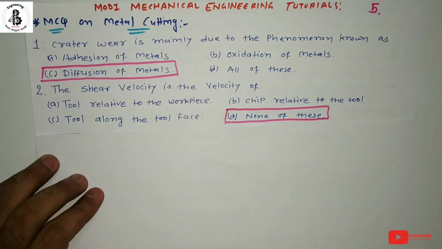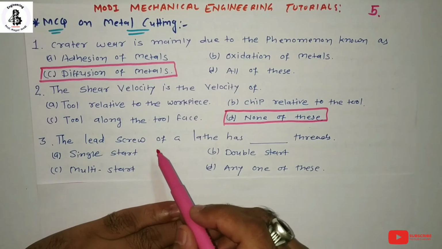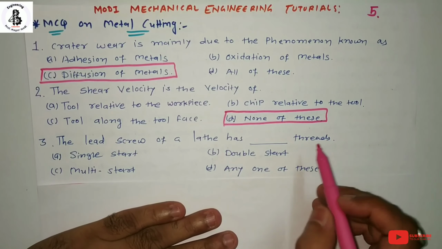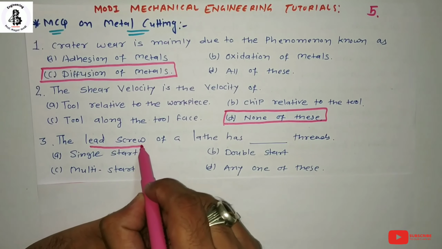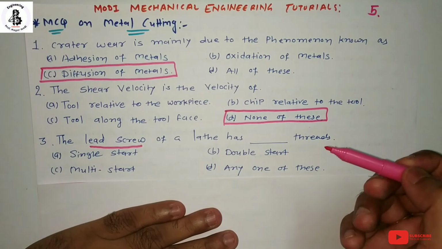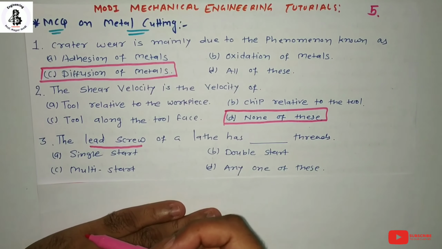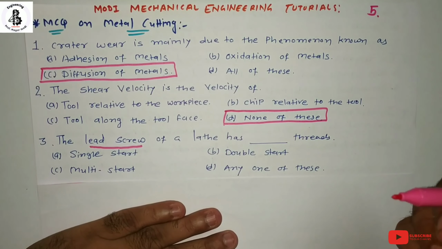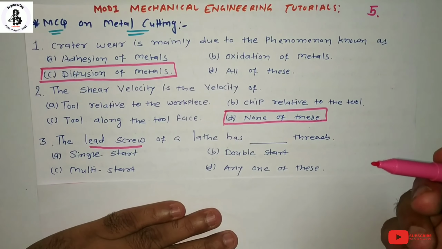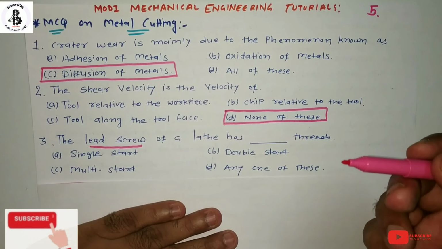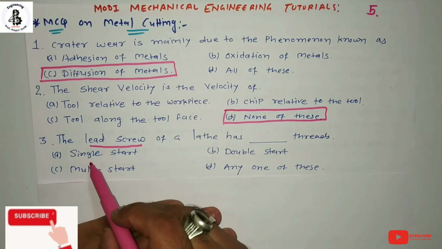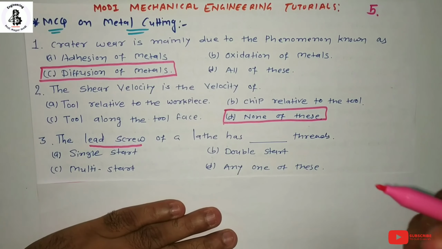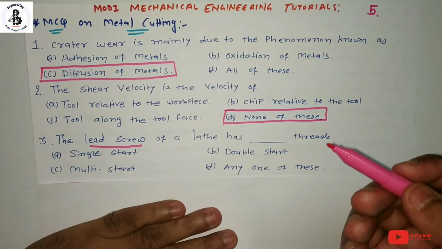The next question: the lead screw of a lathe has which type of threads? Basically, the application of the lead screw is to provide constant feed during thread cutting operations. If a constant feed mechanism is required for cutting, that will be a single start thread, because according to different kinds of thread geometry, if the lead is equal to pitch, that is considered single start.